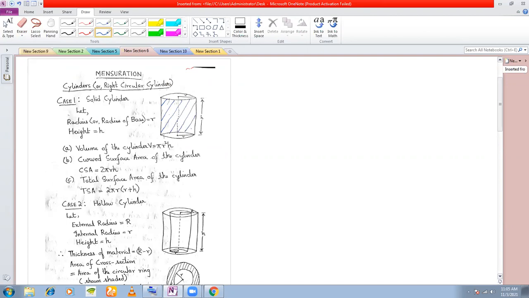In soft drink cans, it is where the label is put. That part is called the curved surface area. If you want to find out the curved surface area of this cylinder, and if you know the height and radius of the cylinder, you can find it by curved surface area is equal to 2 pi r h.